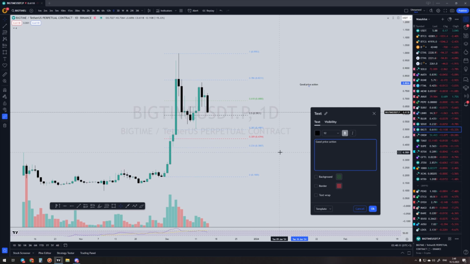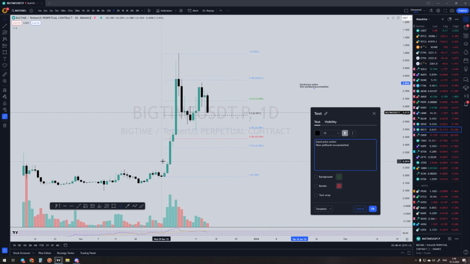Then what you need: slow pullback, accumulation, etc. Right? When price is slowly going down, how to check it, you can just count bars and see how fast we've been going up.